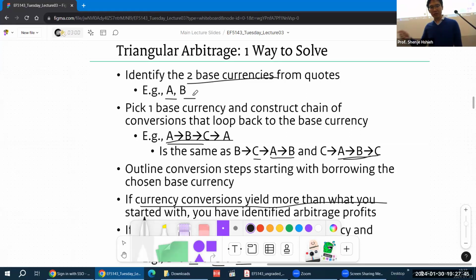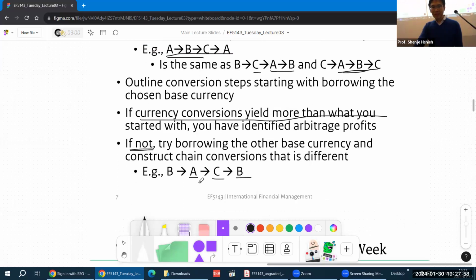If the route you check first doesn't work, so if A, B, C, A yields less than what you started, there's only one other thing you have to check, right? Swapping one of the sequence. So if it's A, B, C, you just swap B and C. But you don't have to swap that.